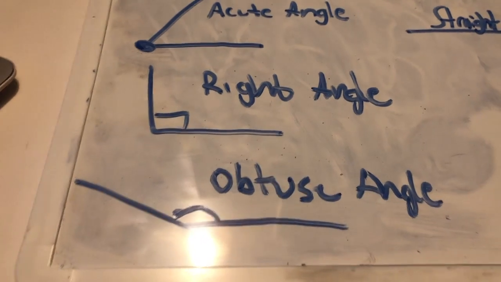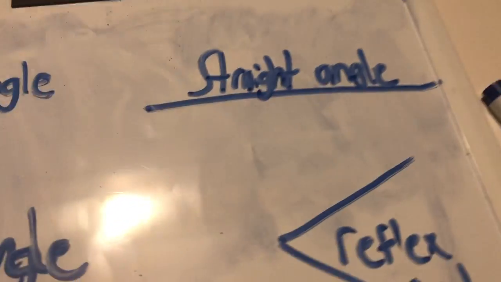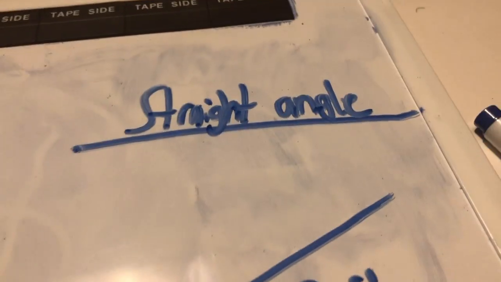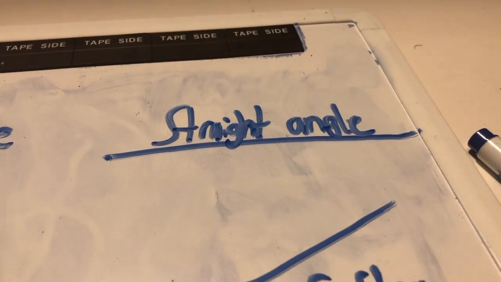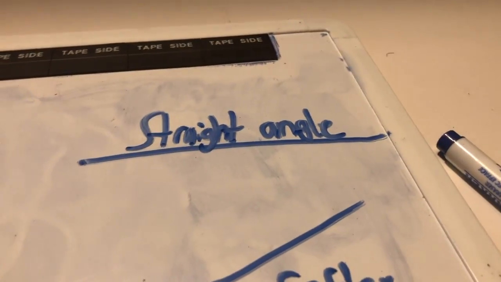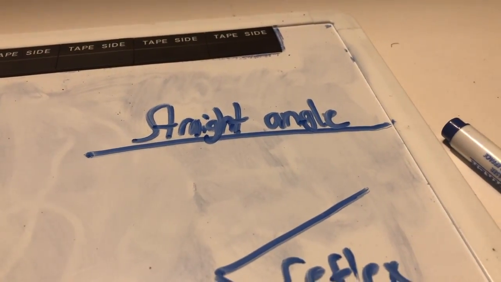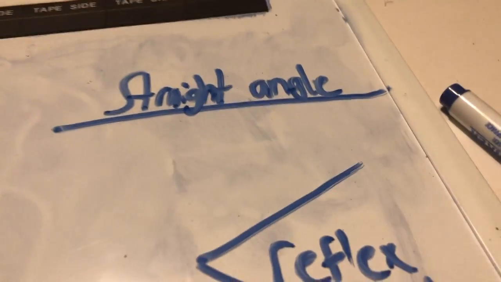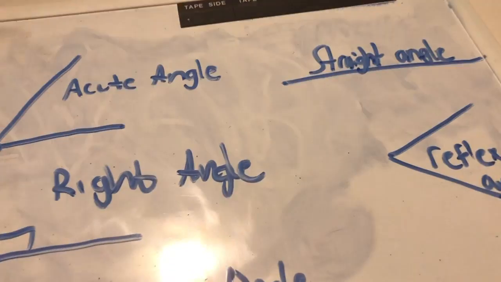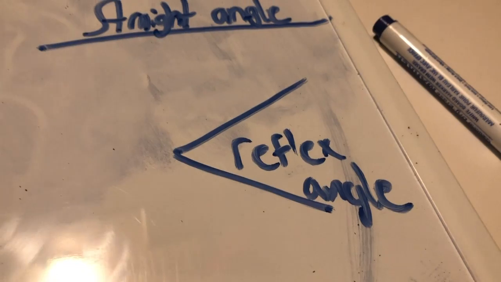In this case, obtuse. Next part is a straight angle. A straight line represents 180 degrees. That's a rule of thumb, something you should know. If I were to put a circle in there, that would be considered an angle of 180 degrees. And then the last one, which might be new, is a reflex angle. That's between 180 degrees and 360.